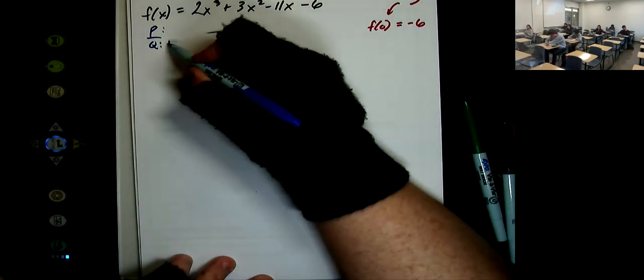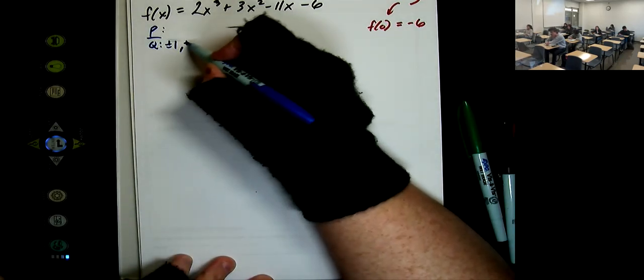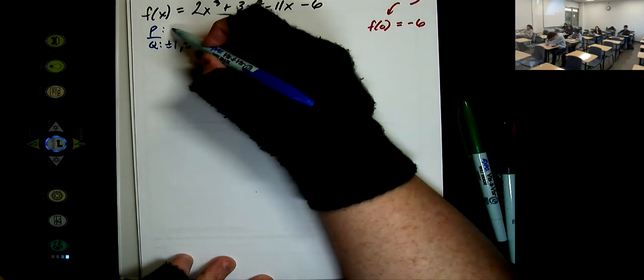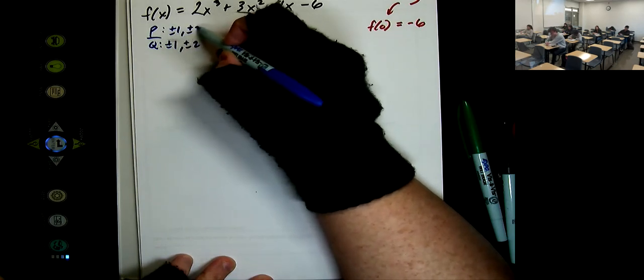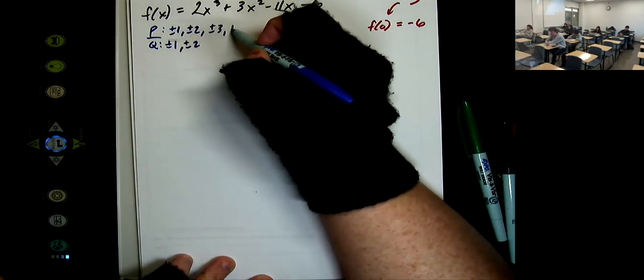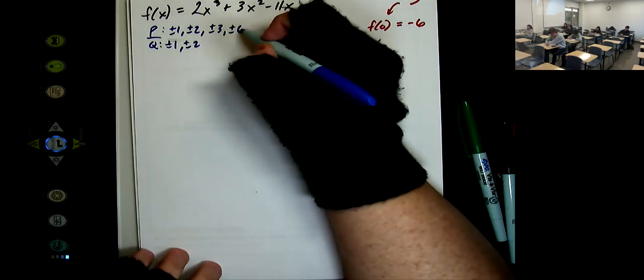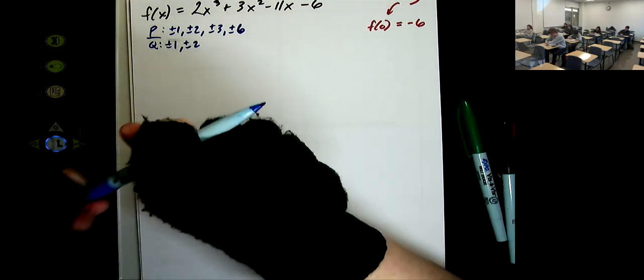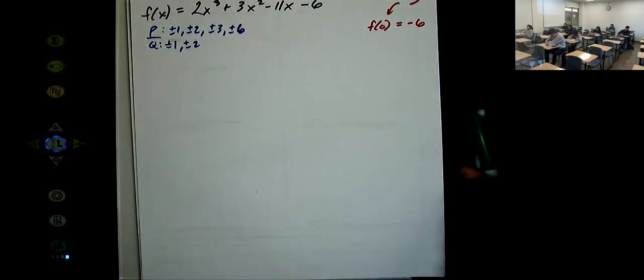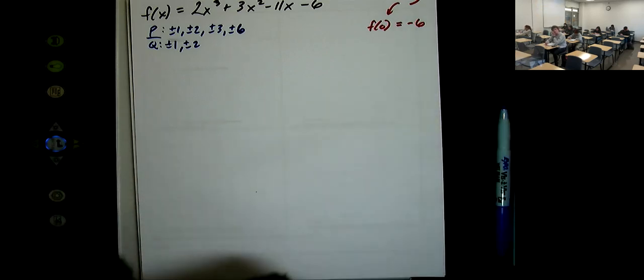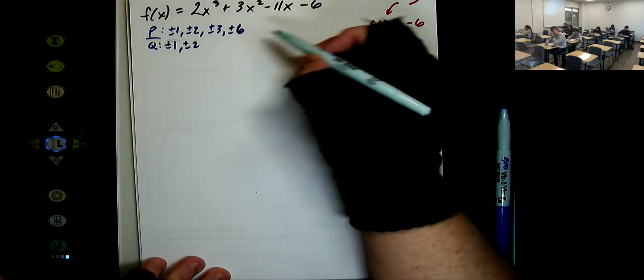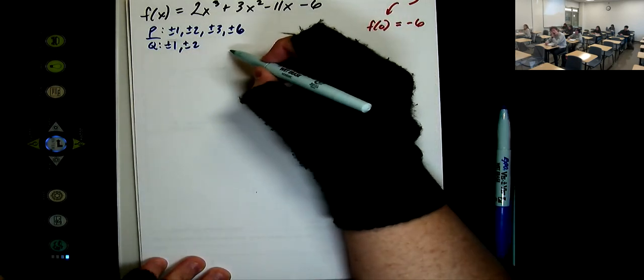So Q is ±1, ±2. P is ±1, ±2, ±3, and ±6.